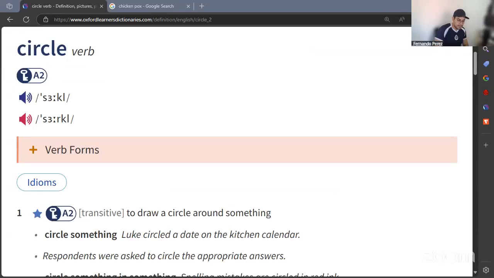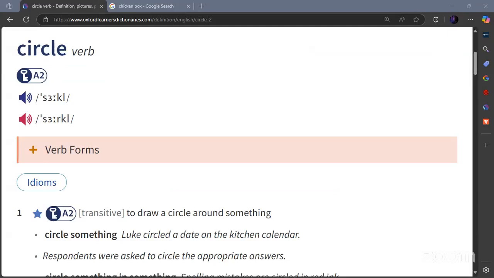Bryn, give me an example of something you circled in the past, or you circle in the present, every time at work, for example. I circle a date.